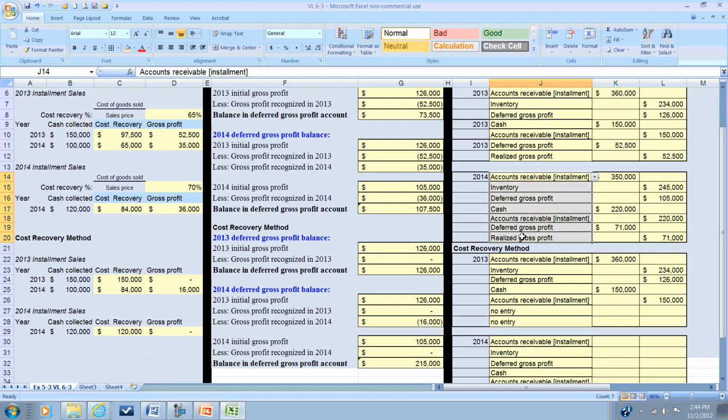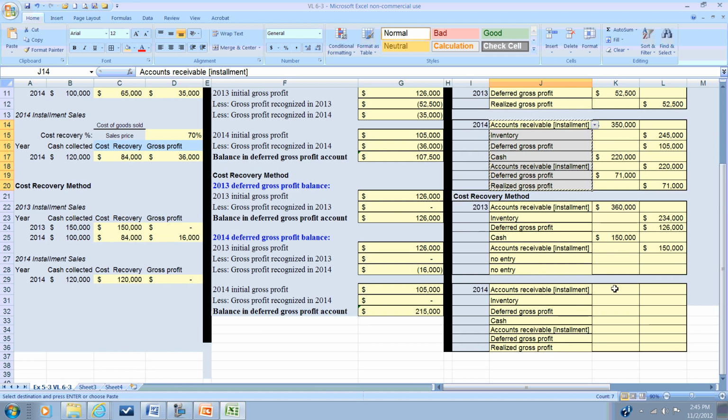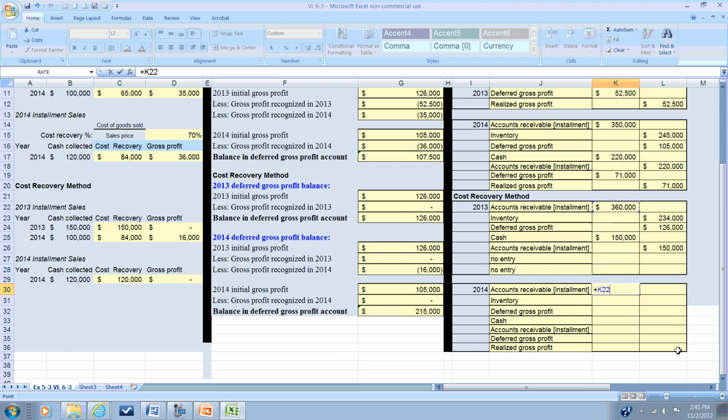Under the cost recovery method, again, we'll be recognizing the same amount of cash, the same amount of receivables, same amount of the reduction of inventory, and then the difference between the two is our deferred gross profit.